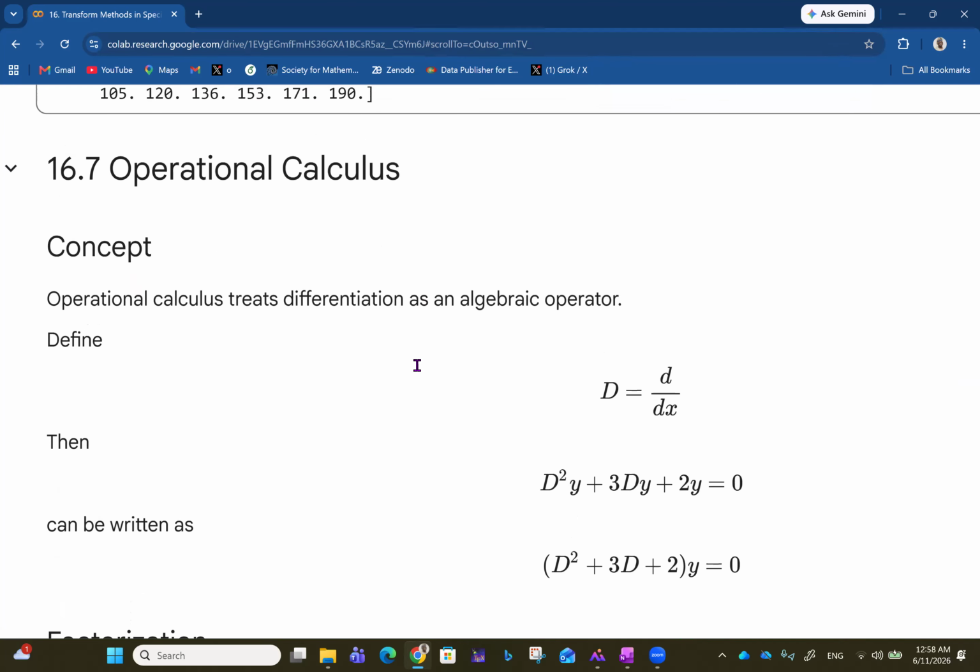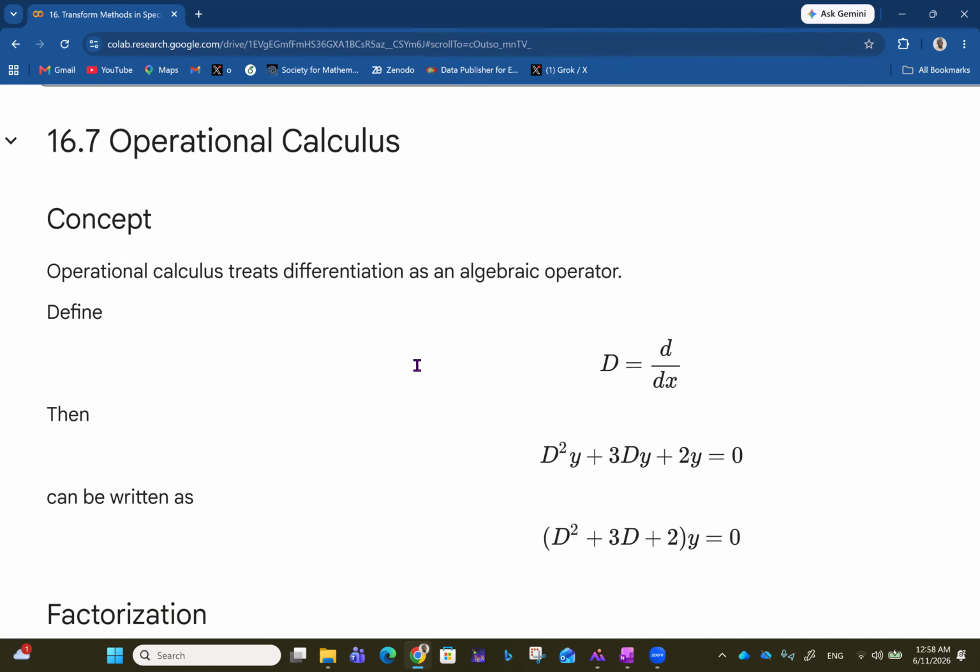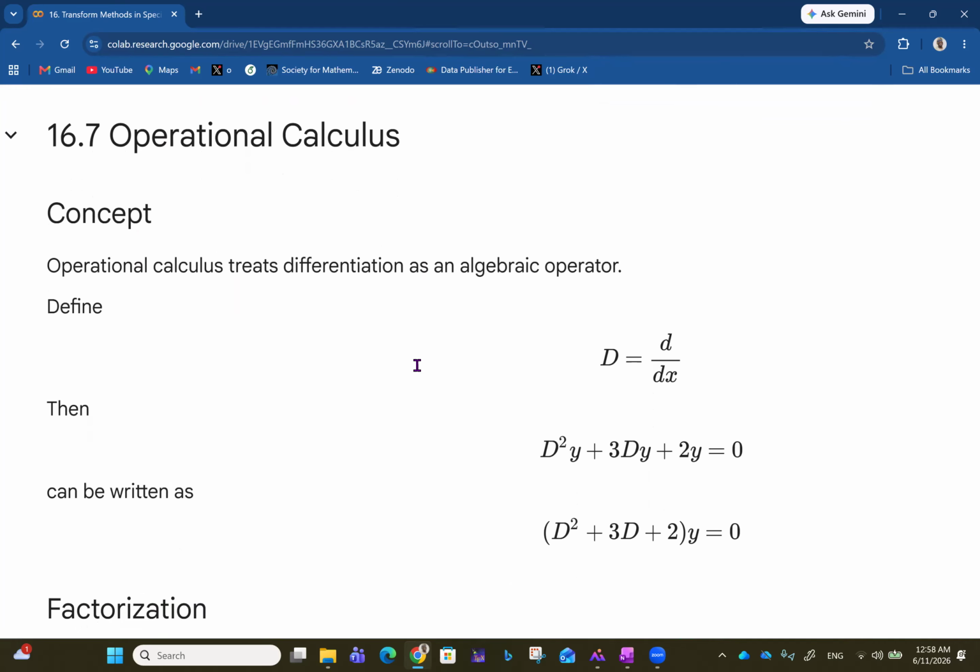Then we have operational calculus. I think sometimes people call this the D operator. Operational calculus treats differentiation as an algebraic operator. If you define D to be d/dx, then y double prime plus 3y prime plus 2y equals 0 can be written as D squared plus 3D plus 2 acting on y. It's more like you're factorizing this y now. This is the second derivative, this is the first derivative, and this is no derivative. So you have D squared plus 3D plus 2 times y equals 0.